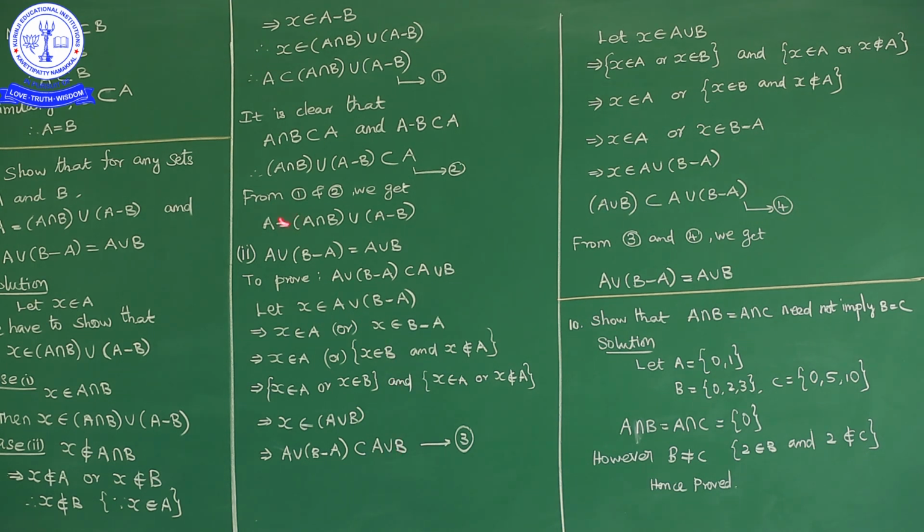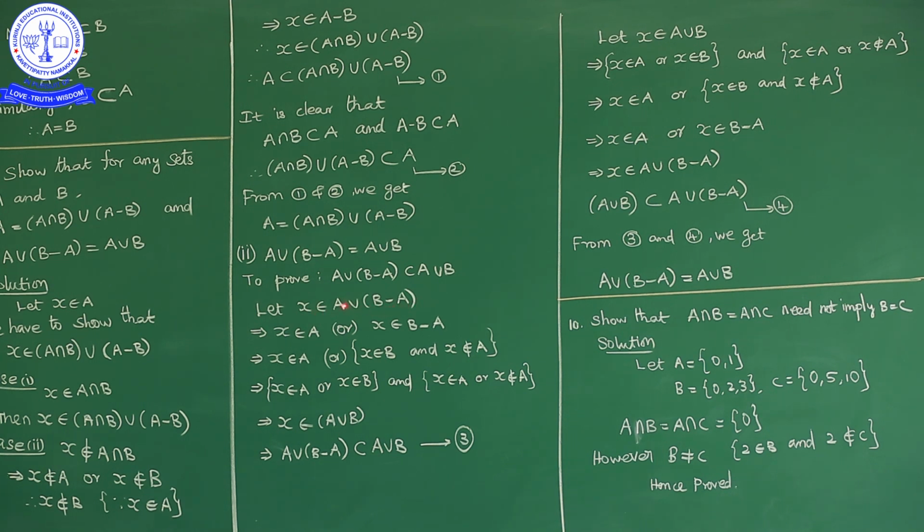Here, to prove A union (B minus A) is a subset of A union B, first we consider some arbitrary element in the set A union (B minus A). So let x belong to A union (B minus A).